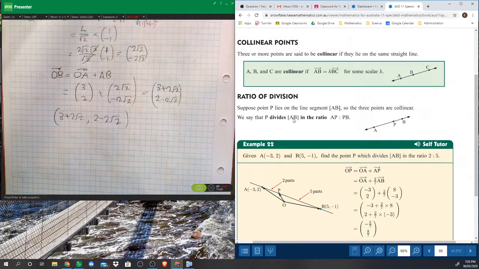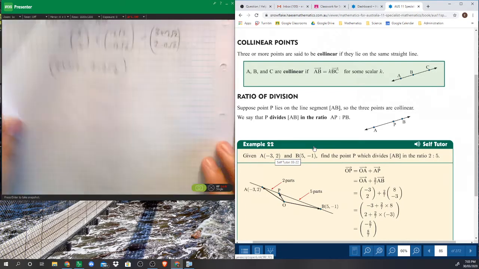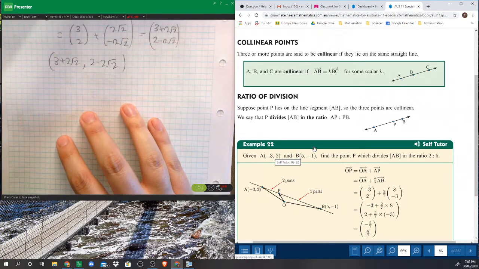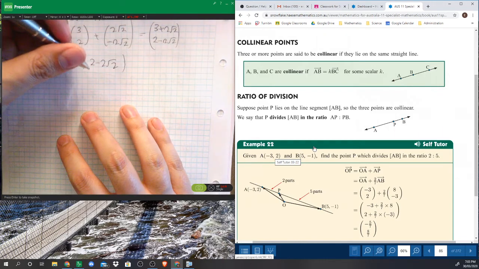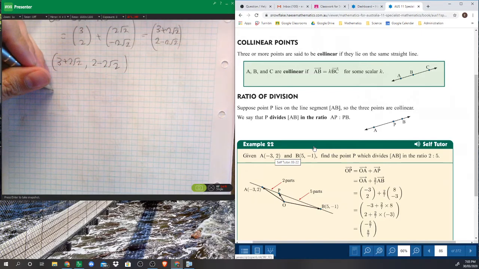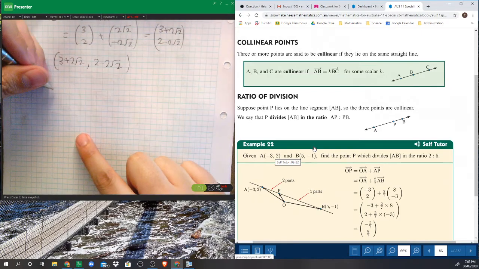We say that P divides AB in the ratio AP to PB. Now, a little trick to help you with this. Let's find out.